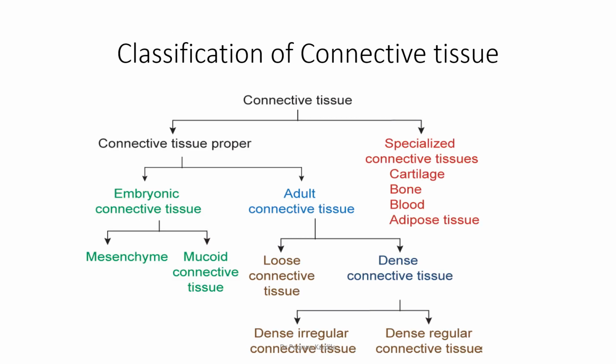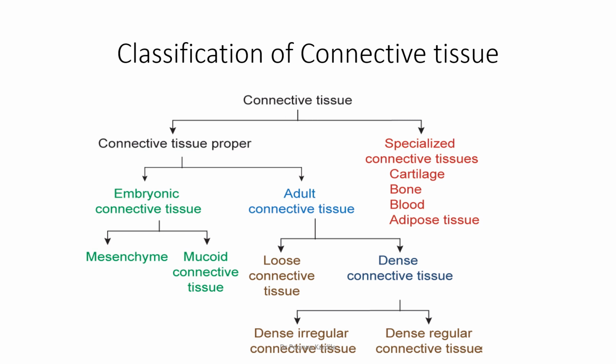Connective tissue is broadly classified into two groups: connective tissue proper and specialized variety of connective tissue. So in specialized variety there is cartilage, bone, blood and adipose tissue, which we will study in detail in later sessions. Now the connective tissue proper is further divided into embryonic connective tissue and adult connective tissue.